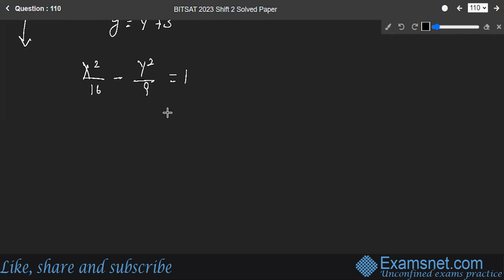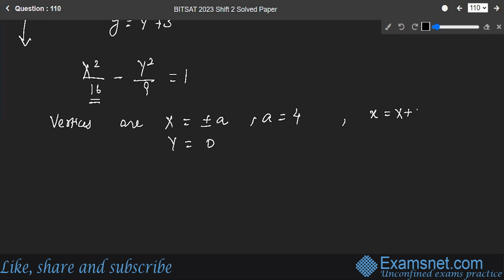Now the vertices are given by x is equal to plus minus a and y is equal to 0. So here you have a as root of 16. So a is 4. And what will be the value of x? X was equal to capital X plus 2. So the two values will be 4 plus 2 and minus 4 plus 2.